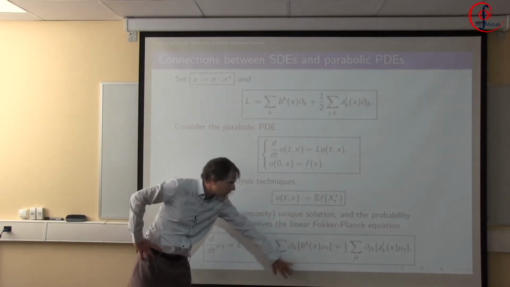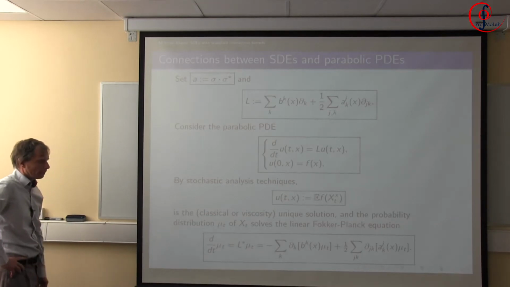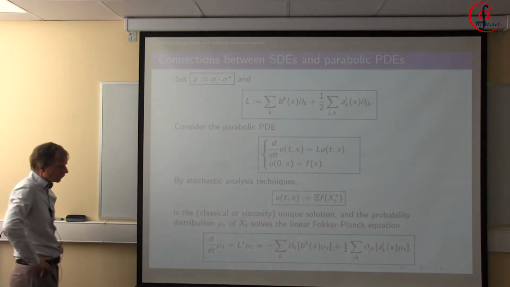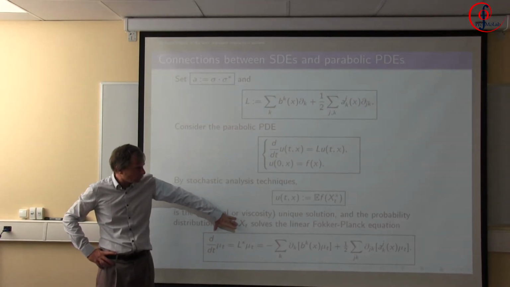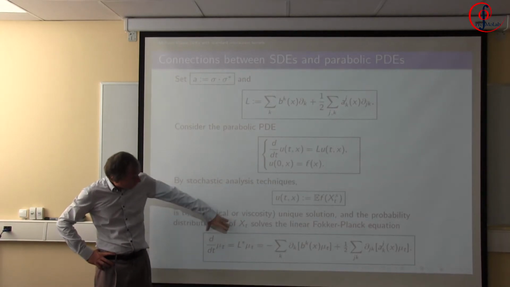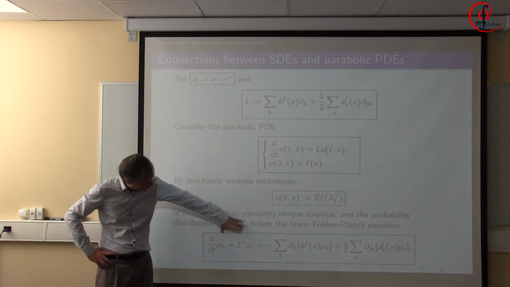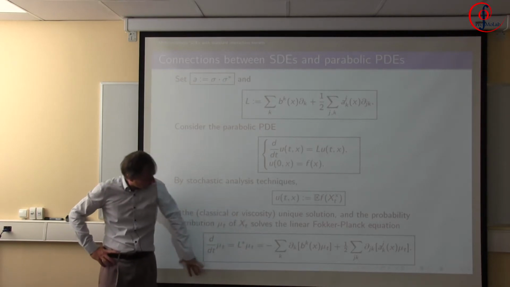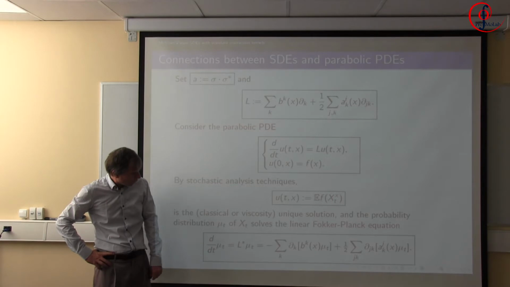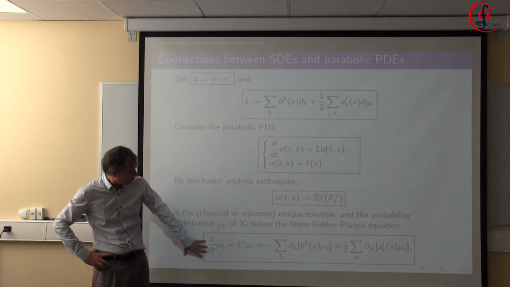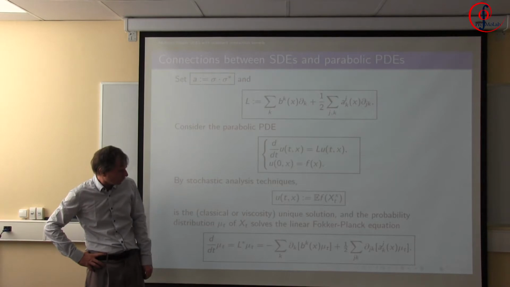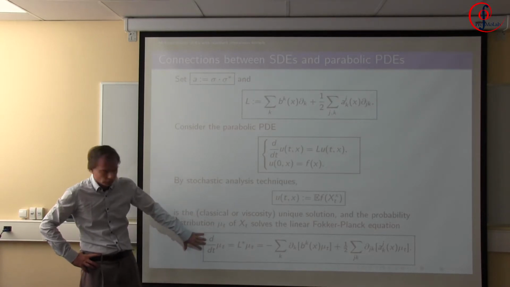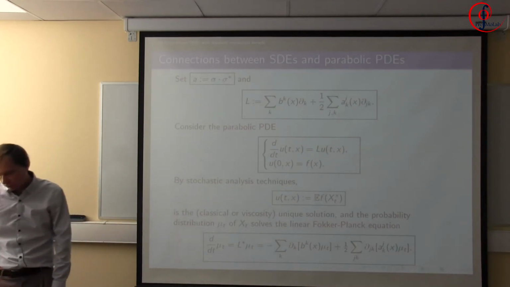So that's this operator. Okay, so that's the main object to understand the next slides. We have a way to represent the solution of this PDE, the Fokker-Planck equation. It's to solve the stochastic differential equation, and the probability distribution of the stochastic differential equation is the weak solution of this equation. Okay?